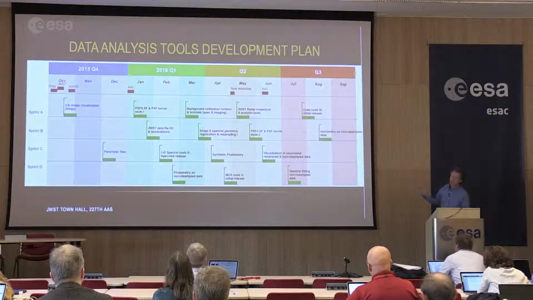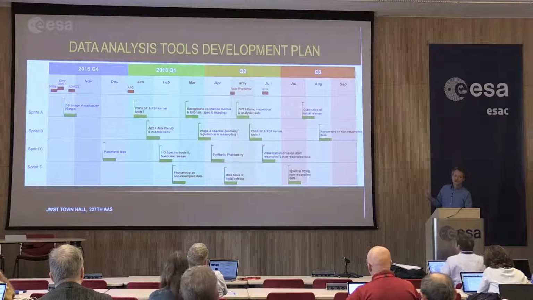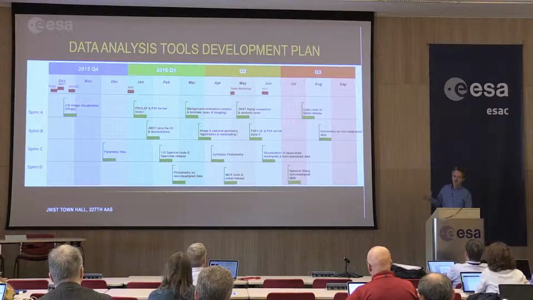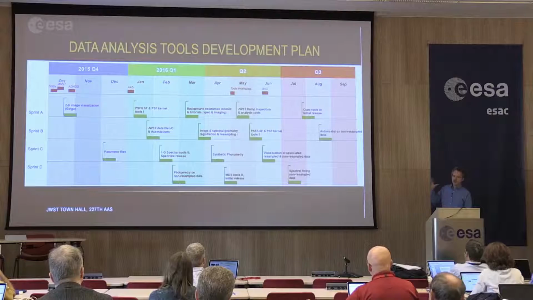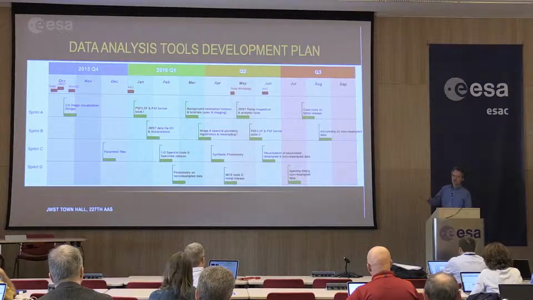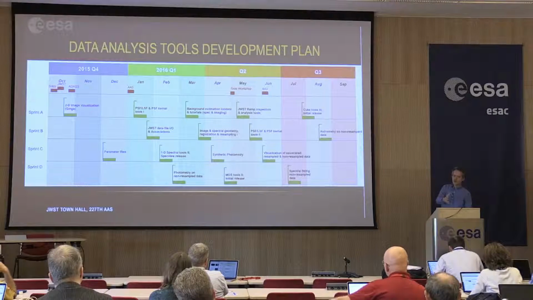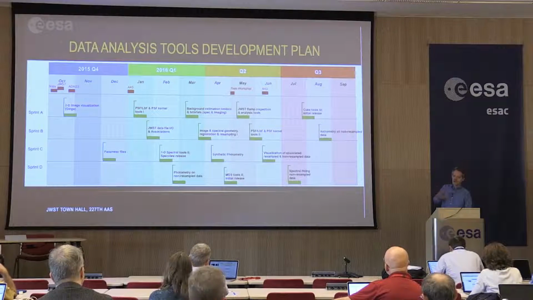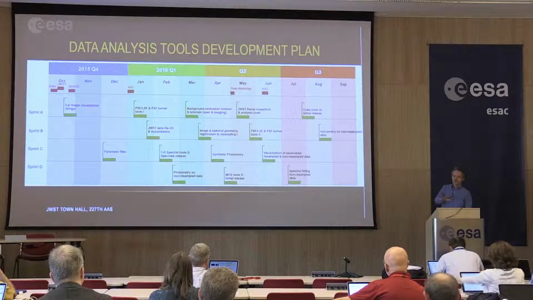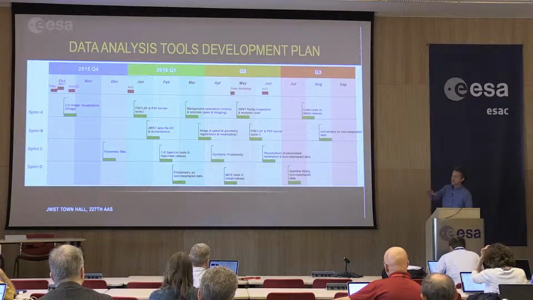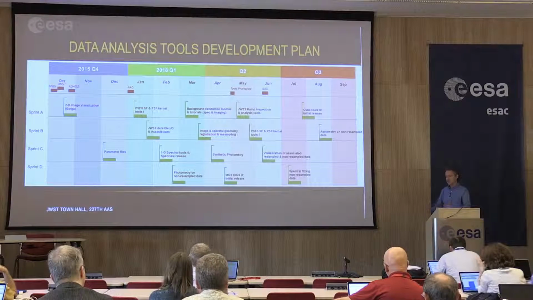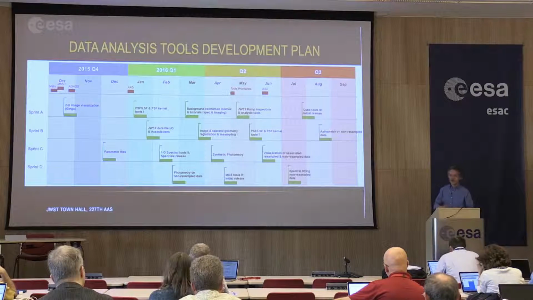This is a timeline. The development process that we're using for these data analysis tools is a sprint development approach. So we take an expert astronomer or three, and we put them in the room with the developers who are going to work on the task. And they define what we are going to do in the next two-week period, and set up some goals. And then they iterate. The user says, "Well, I really want this." The developer says, "That's super hard."